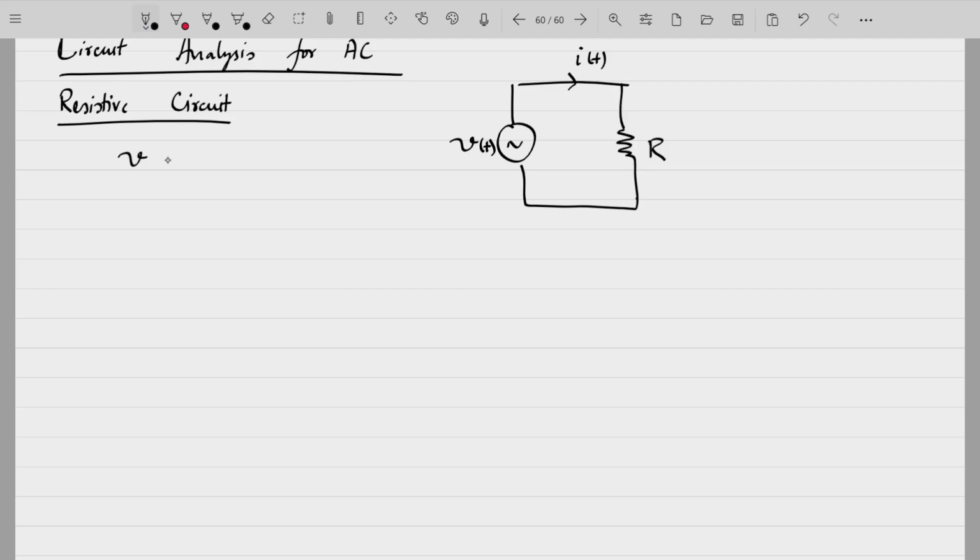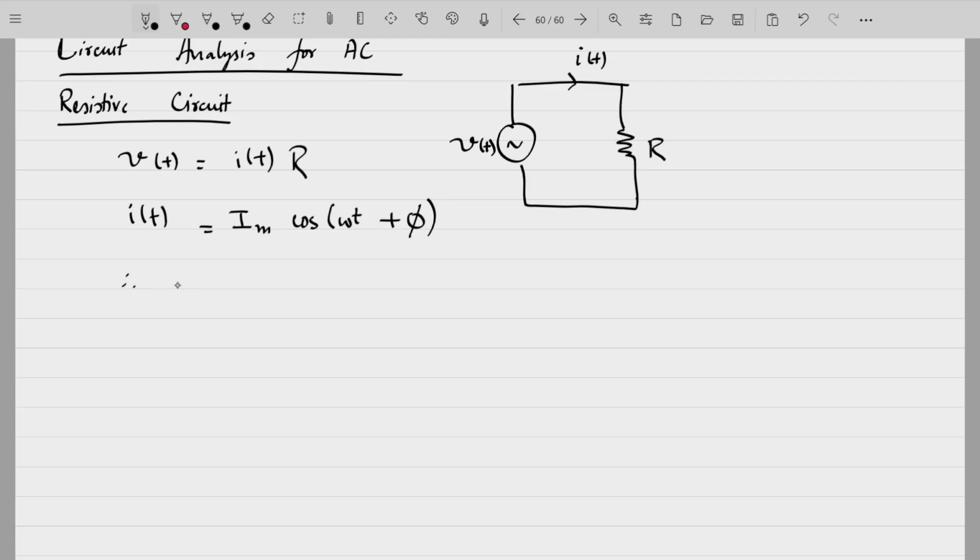Now we know from Ohm's law that v(t) is simply equal to i(t) into R. This i(t) we can write as Im cos of omega t plus phi. This is the sinusoidal form of this AC current that is flowing in the circuit.